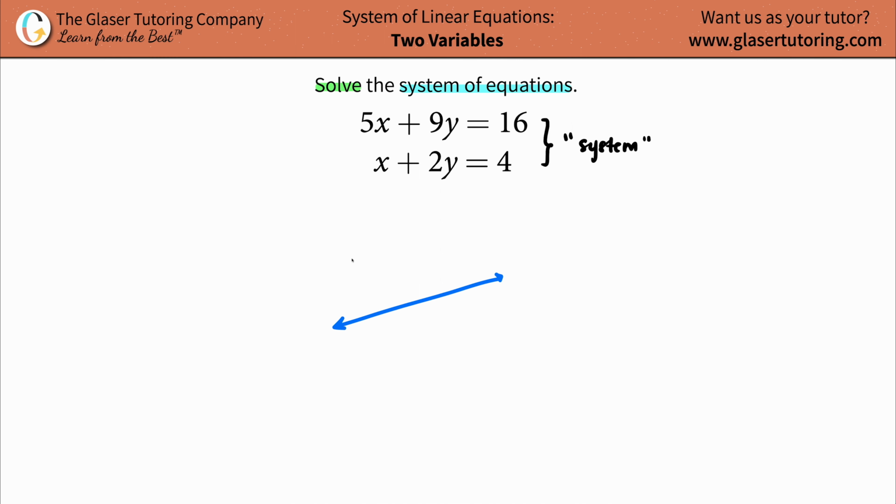And if these lines cross paths, let's say one line was going one way, the other one's going the other way, the solution is where they intersect. So that's basically what we're trying to solve for. We're trying to solve for the coordinate, or the ordered pair, that they have in common. So we're looking for an x value and a y value.